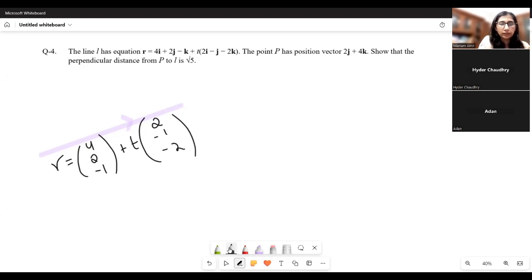And then there's a point whose position vector is 2j plus 4k. Okay, so this is P, and we know that OP is (0, 2, 4). Show that the perpendicular distance from P to L is square root of 5.